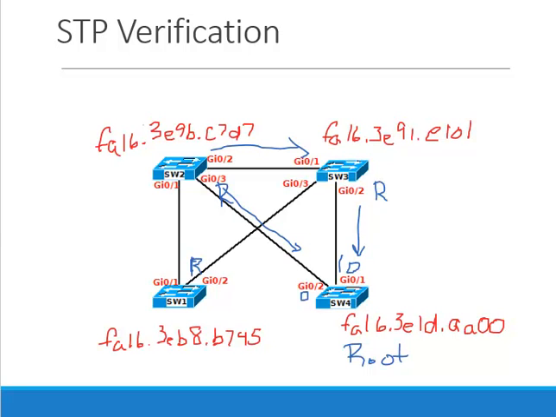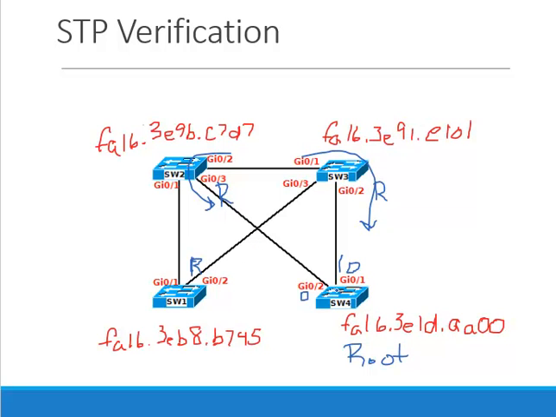I'm going to get rid of some of these lines to clean some things up a little bit. So what we discovered, we're trying to figure out which of these interfaces will end up being designated. They have the same path cost, right? 1 through there, 2 through there. So the next tiebreaker, as we said, was the lowest neighboring bridge ID.